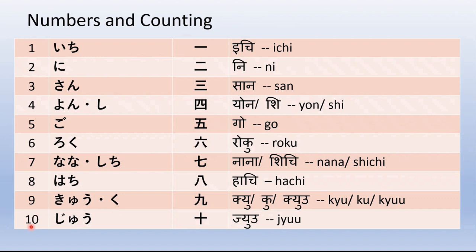And then we have 10, which is called juu. You can see here it is ji plus yu, which is ju, and we have an additional u. So this makes it a long sound again, juu. So this is from 1 to 10.